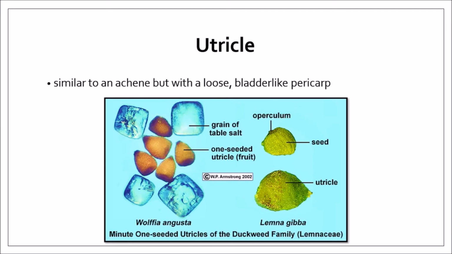So next is the utricle. An example of utricle is the wolffia. If you could still remember, wolffia is the smallest flowering plant by far. A utricle is similar to an achene, but its pericarp is loose and is bladder-like in appearance.